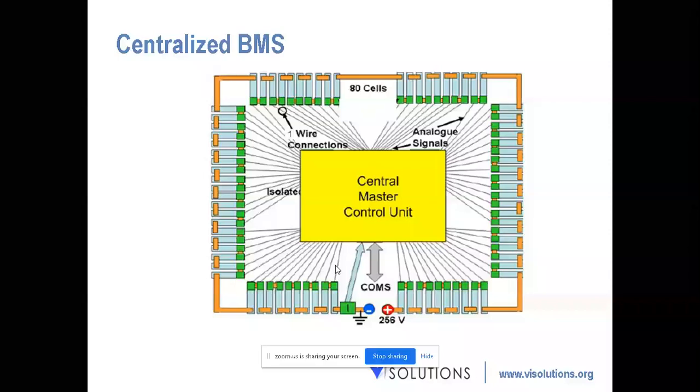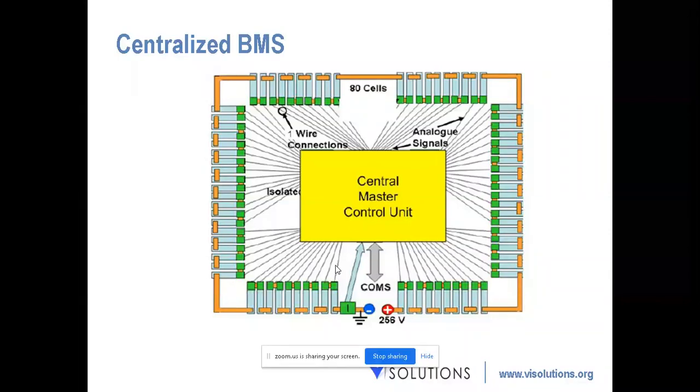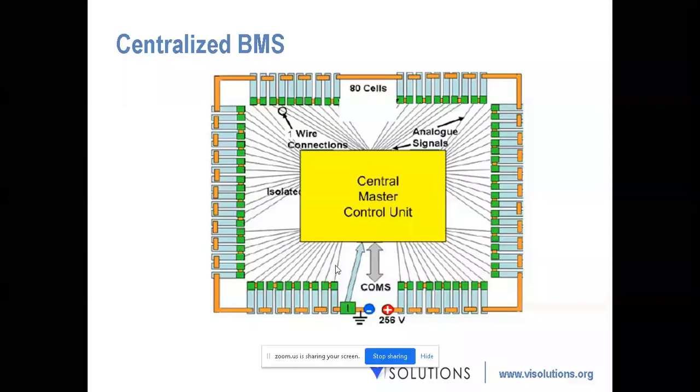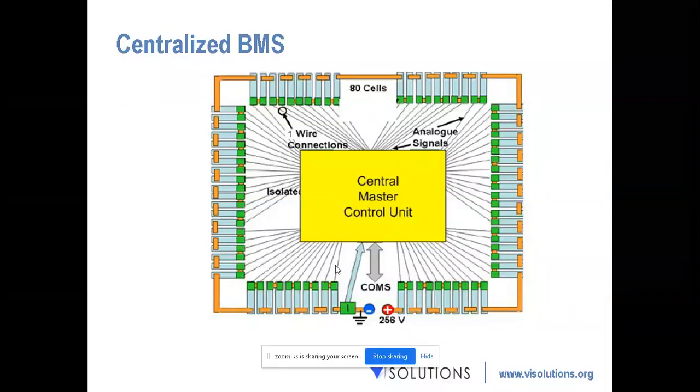It's going to collect the data, process it, and depending on the decision made, say whether we need to isolate it from the load or not. And the question of whether active cell balancing should be employed will be decided by the central master unit.